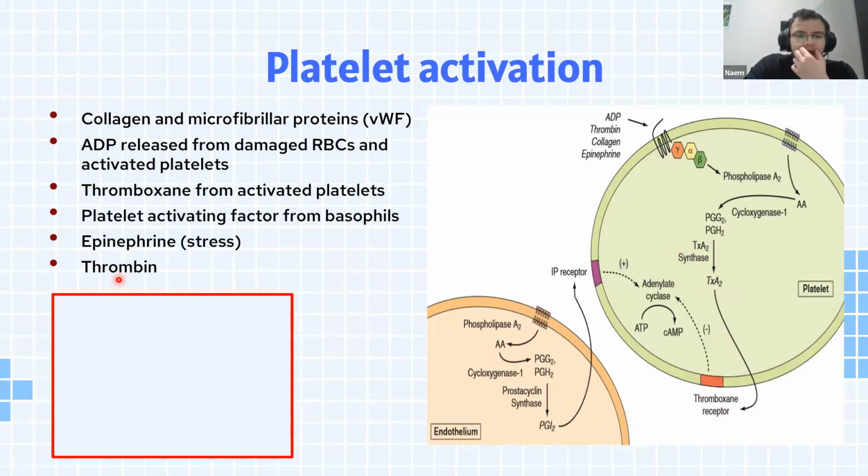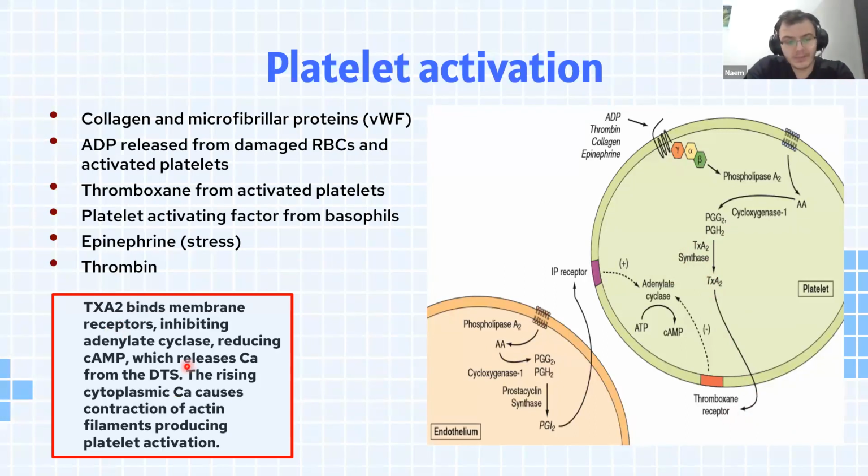Now, what is the function of this thromboxane? Read with me. It binds to the membrane receptor and inhibits adenylyl cyclase. This releases calcium. Remember calcium? Calcium basically signals for contraction of actin and myosin.